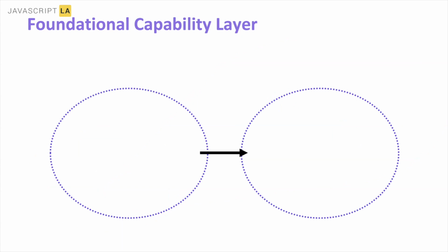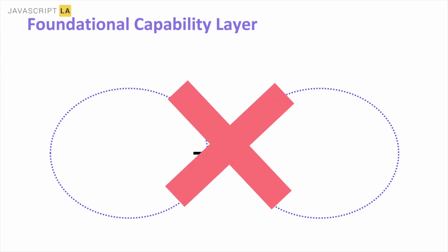So if you have 2 different foundational capabilities, you really don't want them calling each other. While things higher up the chain can call different things, at the lowest level, you don't want one thing failing just because something over here failed. So in order to keep things as decoupled as possible, you typically don't want them calling each other.